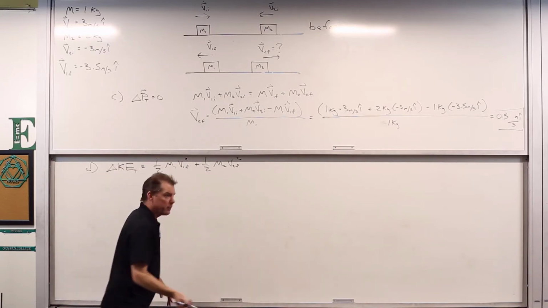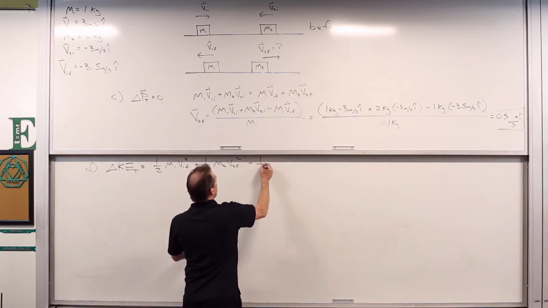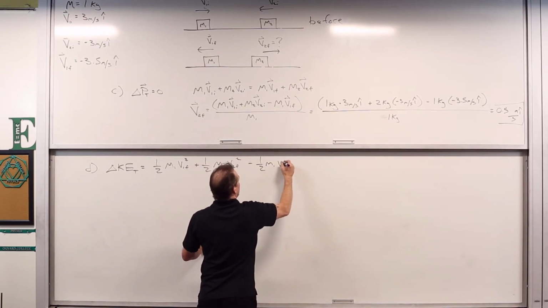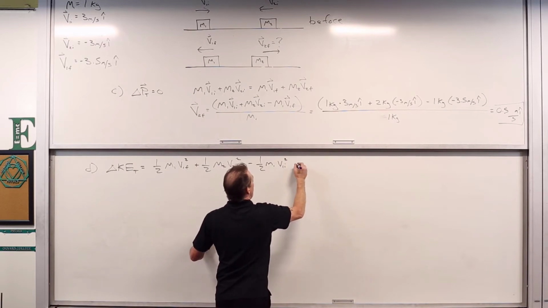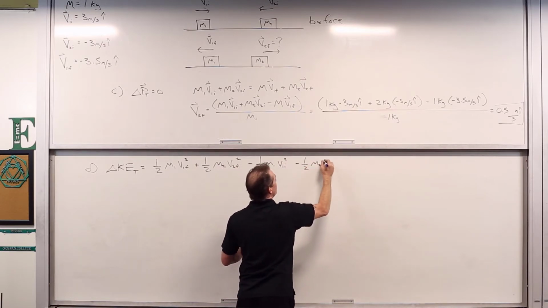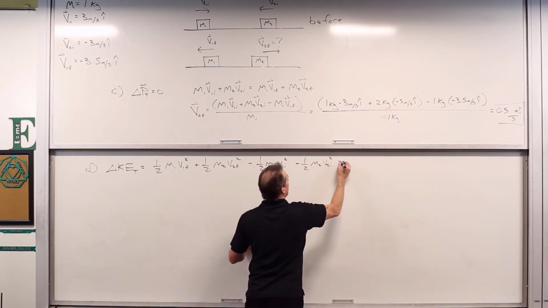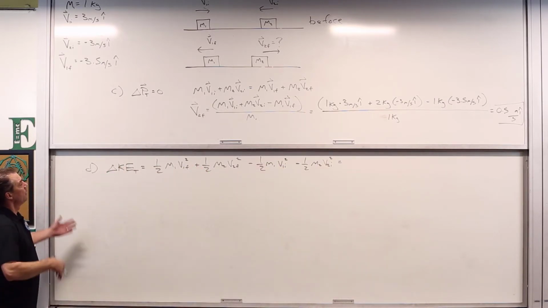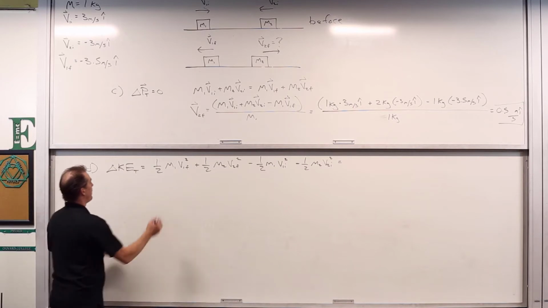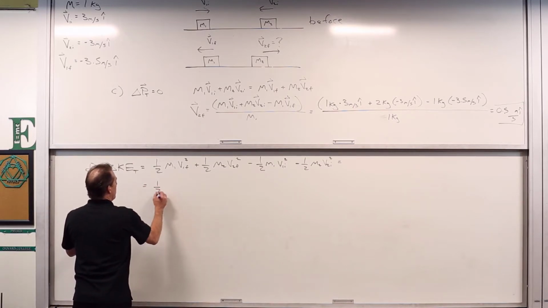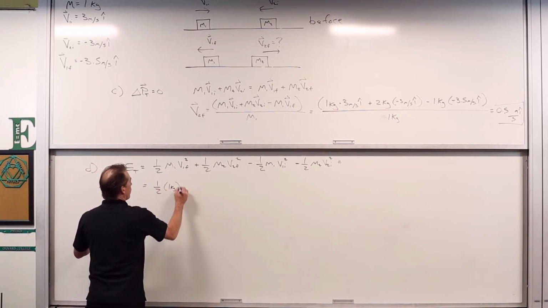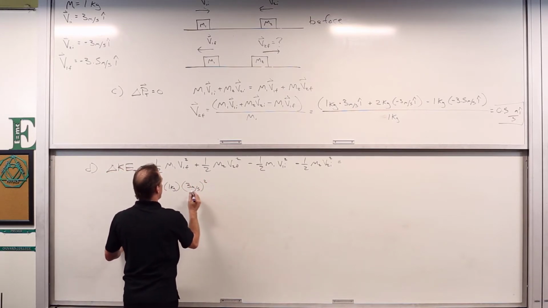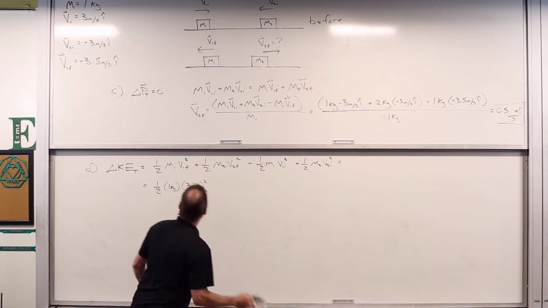We subtract from that the total initial kinetic energy, which is 1/2 M1 V1 initial squared minus 1/2 M2 V2 initial squared. And that will be equal to the total change in kinetic energy, which we can figure out now being equal to 1/2 times 1 kilogram times 3 meters per second quantity squared. This is the final.